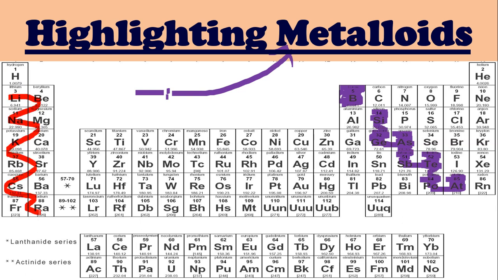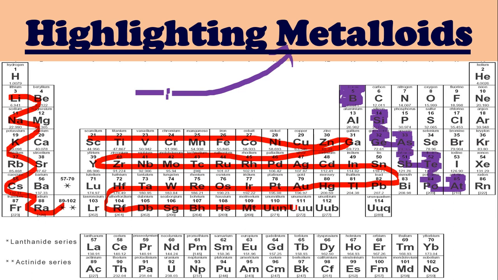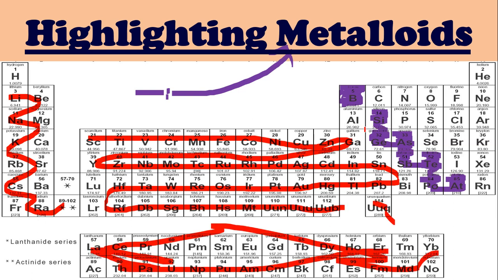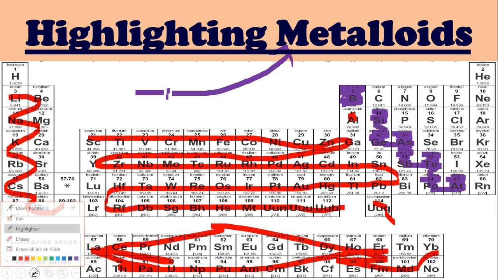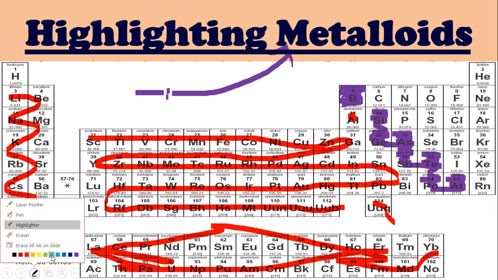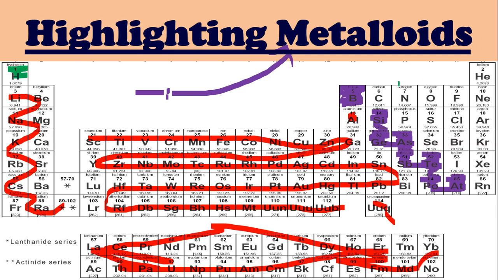Everything that I'm doing in red, do not highlight these. These are metals. And everything highlighted in green are your non-metals. All right, but make sure you have your metalloids highlighted.